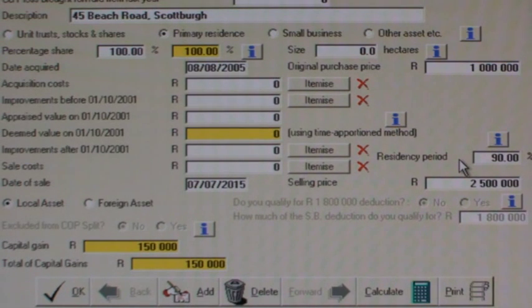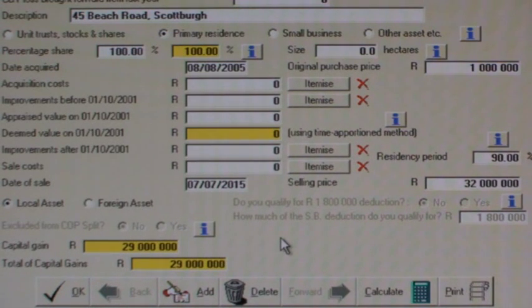Let's have a look at a case where we made a bigger profit. I'll change the sale price to 32 million. Here you can see that the residency period of 90% times the profit of 31 million is more than the 2 million rand primary residence exclusion. So our capital gain is the profit of 31 million less the 2 million rand primary residence exclusion as normal.